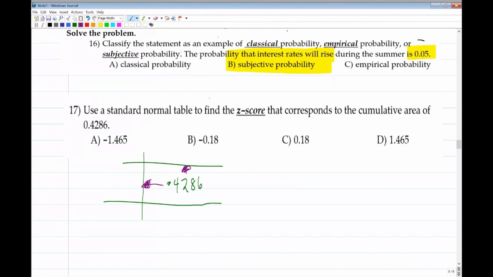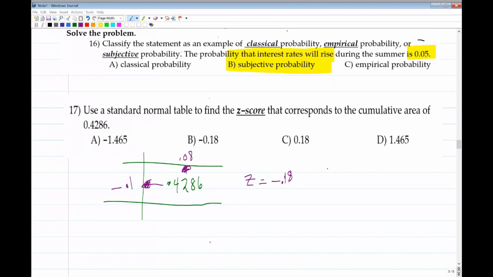We need to go back to the table to find out. And what you find is that z is equal to negative 0.1 and then over here 0.8. So z is equal to negative 0.18.